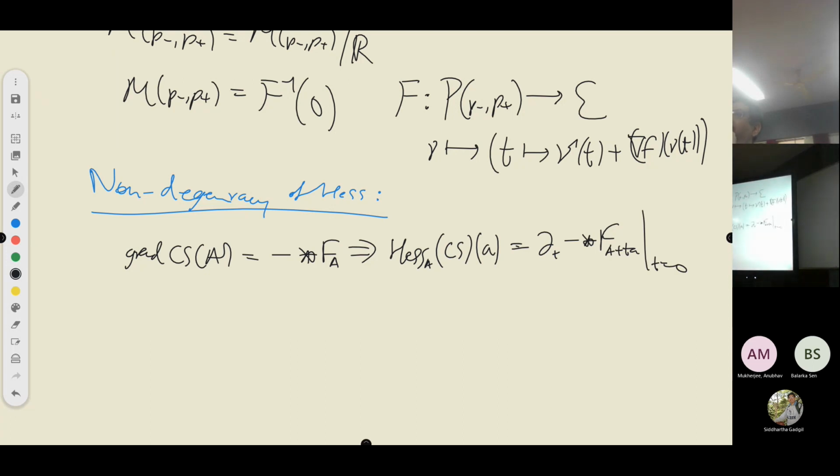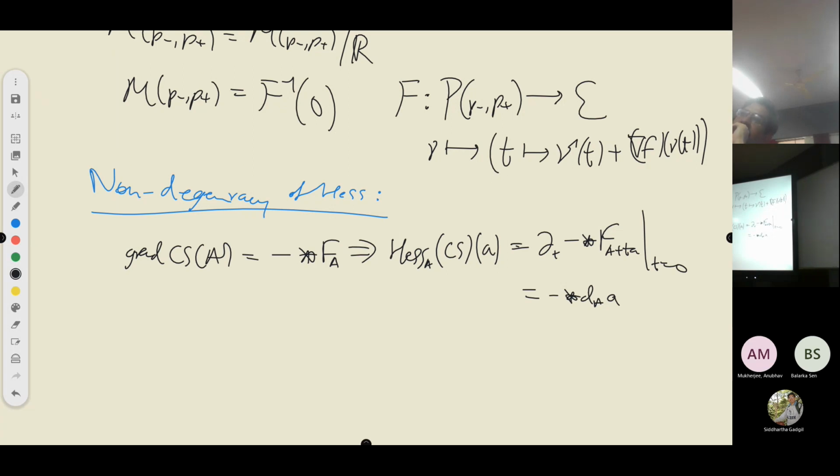This is just the definition. And what this tells us is that this derivative is minus star d_A of a. So when we ask for the Hessian to be non-degenerate, what we're asking for is that this last expression, minus star d_A, is an isomorphism between the appropriate vector spaces.